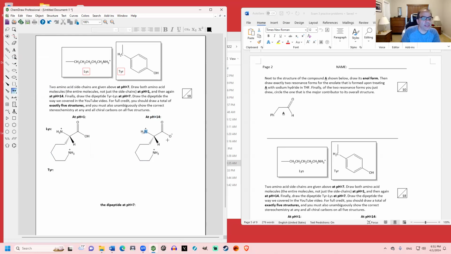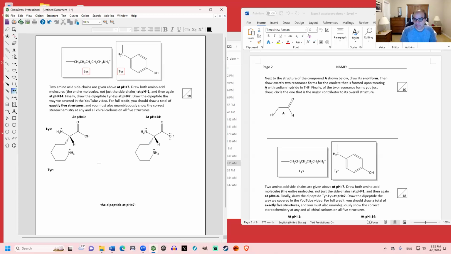It'll be in the carboxylate form. And at pH 14, so will both nitrogens. At pH 14, we're above the pKa of both of those nitrogens, which is going to be around 9.5 or 10.